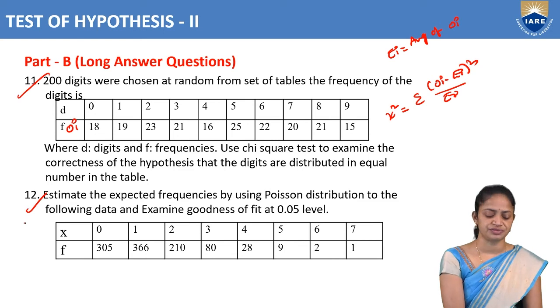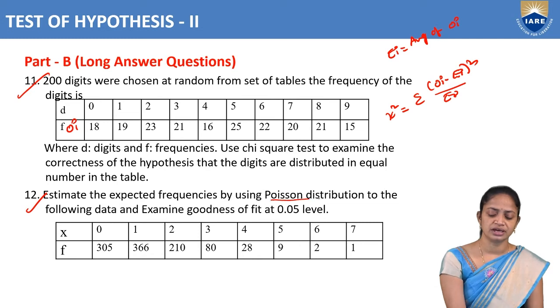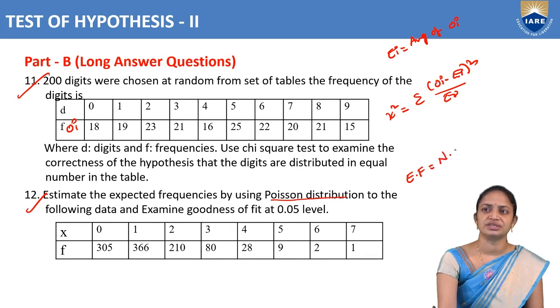Coming to the next question: estimate the expected frequencies using the Poisson distribution for the following data and examine the goodness of fit at the 0.05 level. Here they have mentioned the Poisson distribution, so for the expected frequencies we must use the Poisson distribution formula.